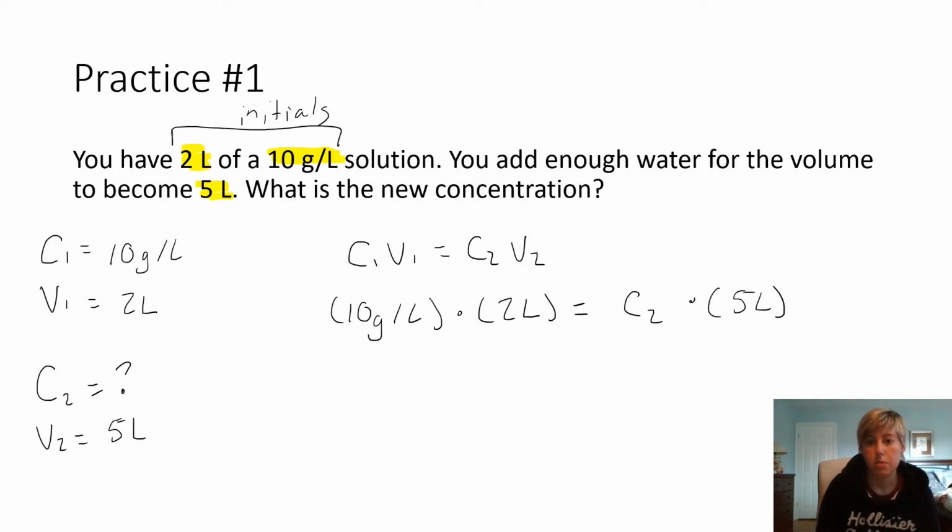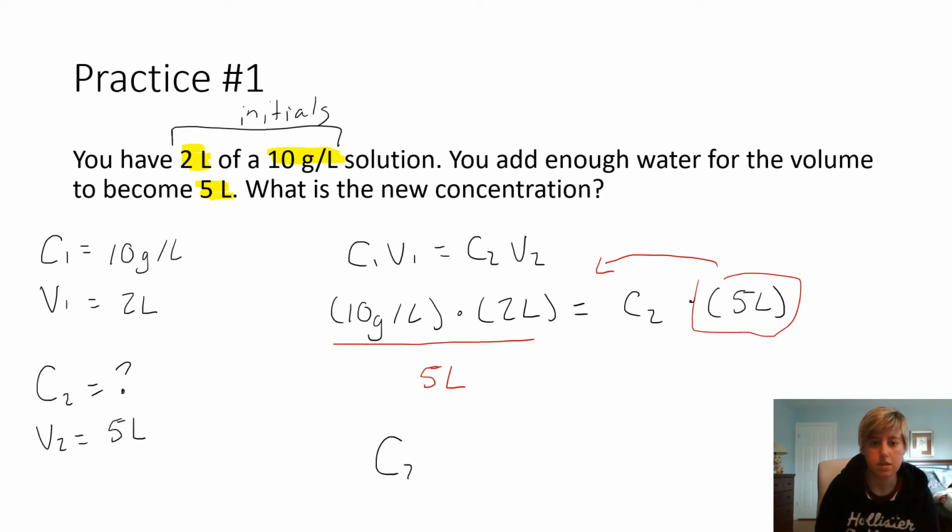So basically, to isolate C2 by itself, I need to bring this 5 liters onto the other side. So that means I'm dividing this by 5 liters. So if I'm looking at it mathematically, I'm doing 10 grams per liter times 2 liters divided by 5 liters.